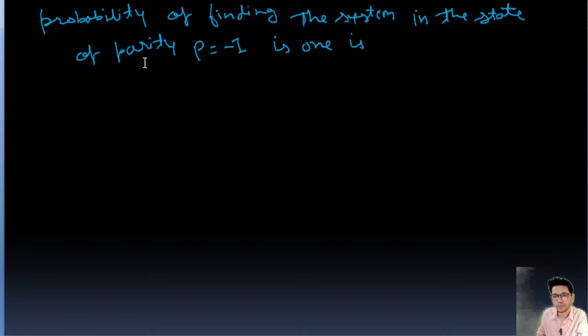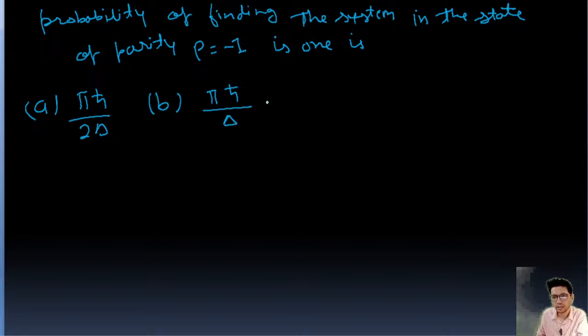Options are: option A is pi h cut upon 2 delta. Option B is pi h cut upon delta.